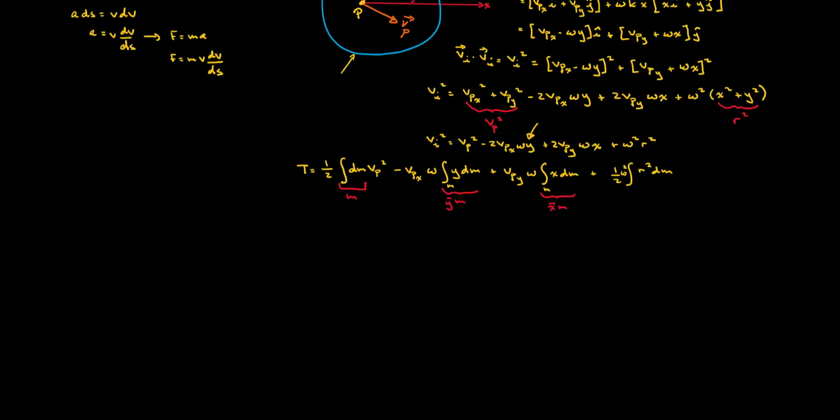This is the distance in the x direction between point P and the center of mass. And then finally, this over here is the mass moment of inertia about point P. This is a measure of the distribution of the mass about point P.